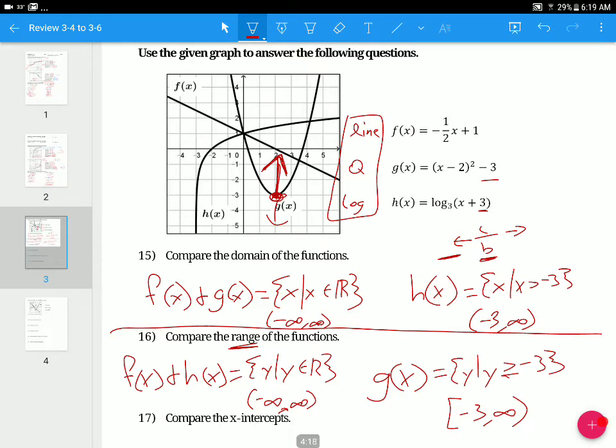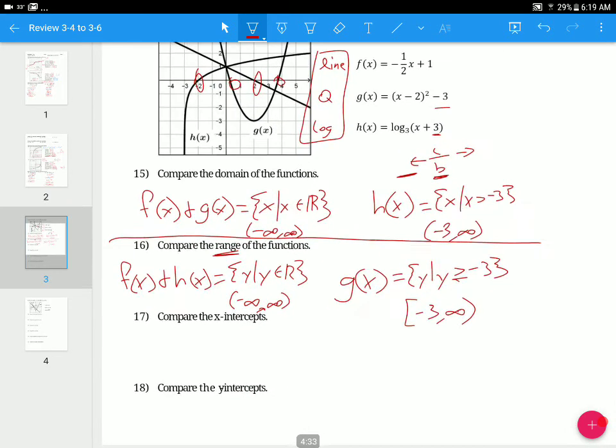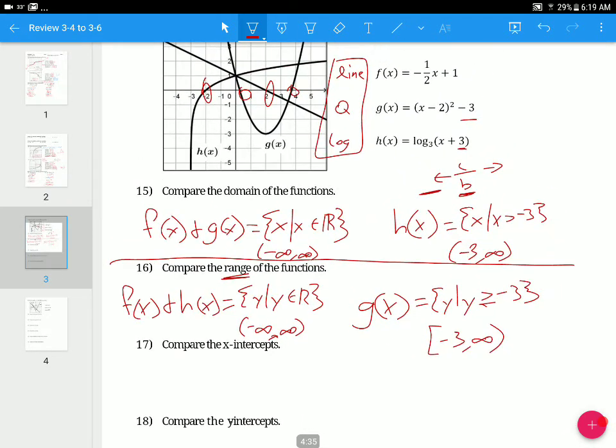Compare the x-intercepts. Well, the x-intercepts are all different. You've got that one for the logarithm, that one for the line, and these two for the quadratic. So I'm going to do the ones I can see. F of x, that's the line, is at 2, so it's 2 comma 0.